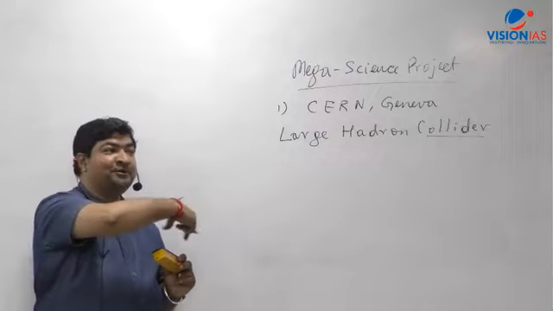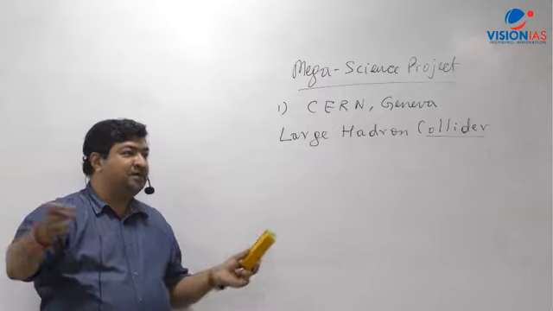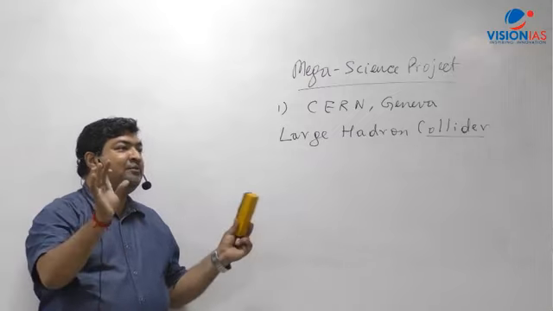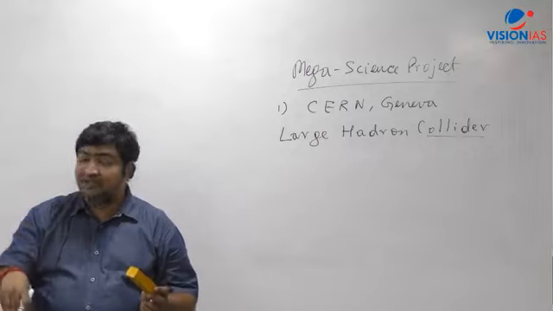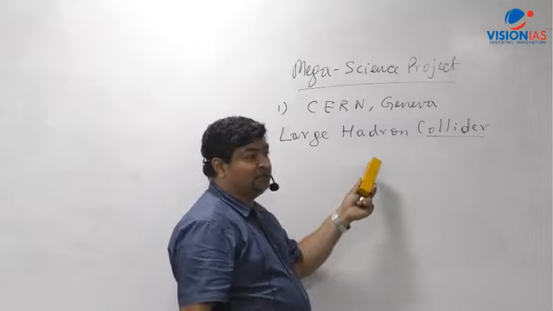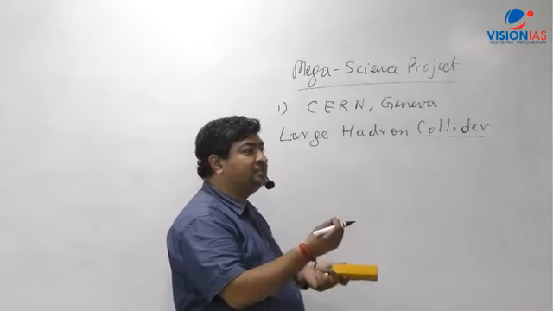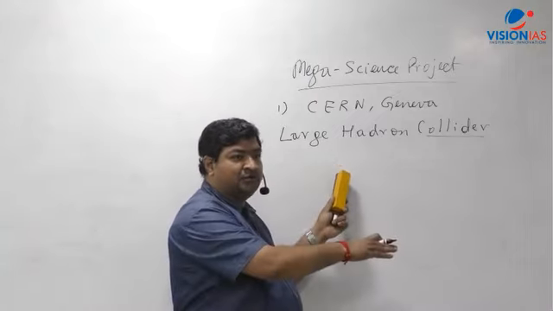I'm talking circumference, not radius, 10 kilometers. On the Franco-Geneva border, the France and Geneva border, is such a lab, which CERN has built. And DAE labs and scientists were part of it. Our scientists and engineers were involved in servicing and maintenance of this collider, which led to the discovery of the Higgs boson particle. Right? So here is India's contribution.